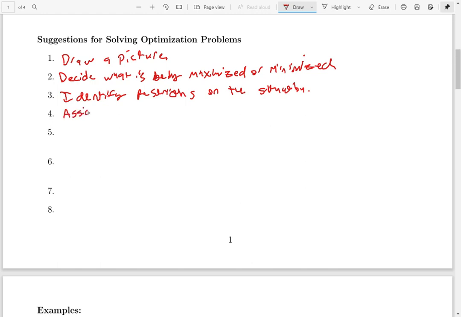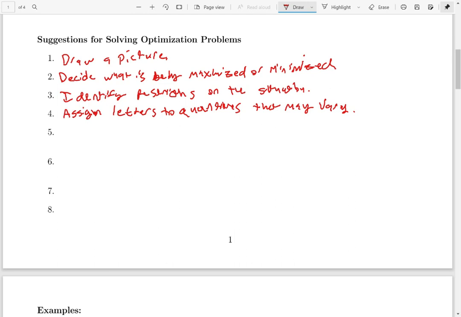Then assign letters to quantities that could vary. And I'll actually tell you that when I do these things, usually when I start thinking about my picture, all those first 3 items actually, I'm going to go ahead and probably start assigning letters in my pictures and in all these other things as I go, because I realize that certain things may not be locked in, and I'll recognize pretty quickly what's being maximized or minimized based on the letters that I've assigned.